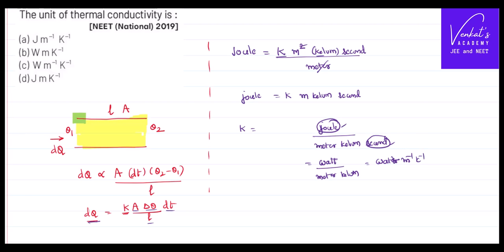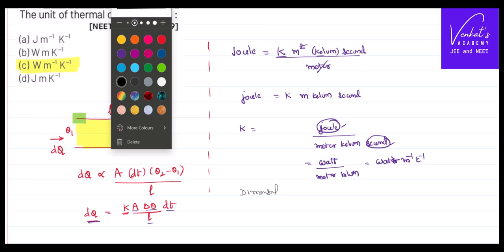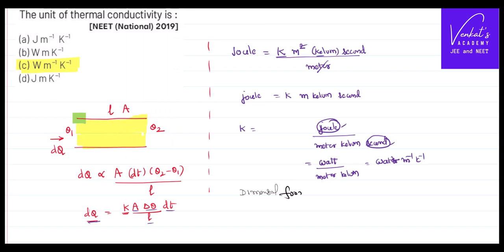If you look at the options given, C is the right option: watt, meter inverse and Kelvin inverse. Anyway, if you are interested in writing the dimensional formula, you can do that also. That's not at all difficult. Energy has dimensions of M L square T power minus 2.